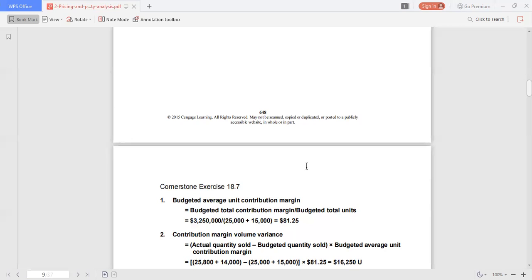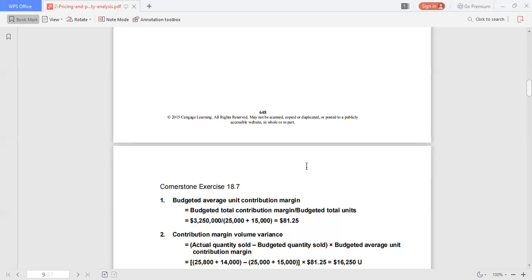And for convection oven, it's the amount of 14,000. So, the actual quantity sold minus the budgeted quantity times the budgeted average unit contribution margin. Actual quantity sold, we are adding 25,800 actual plus 14,000 for the actual quantity sold.